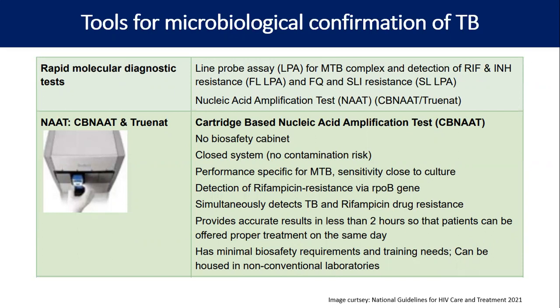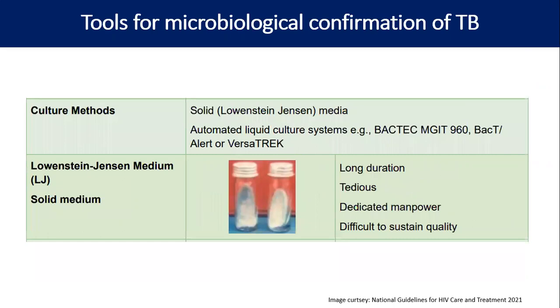And there are other methods like culture methods: solid media and automated liquid culture systems, Bactec MGIT 960, Bactec and Alert or Versa Trek. Now, Lowenstein-Jensen medium, a solid medium, takes a long duration and is a tedious process, dedicated trained manpower is required, and it is difficult to sustain quality.